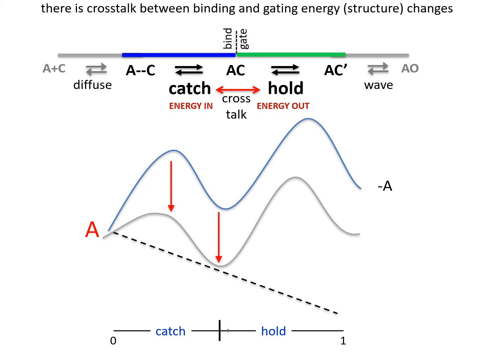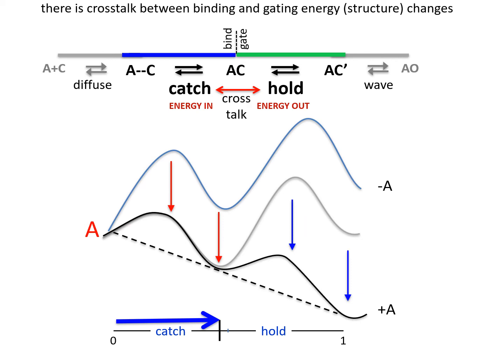And then once catch happens, the energy landscape after catch but before hold is the gray line. After catch happens, that event causes a stabilization of the transition state and the end state for the hold reaction. Those are the blue downward arrows. And then hold happens. So agonists promote catch and catch promotes hold.